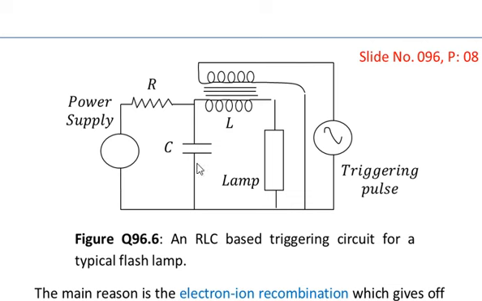So R and C will determine the RC constant for the charging of this bank of capacitors. And L is the inductor which limits the discharge current. And the frequency of this lamp to discharge is controlled by the triggering pulse.